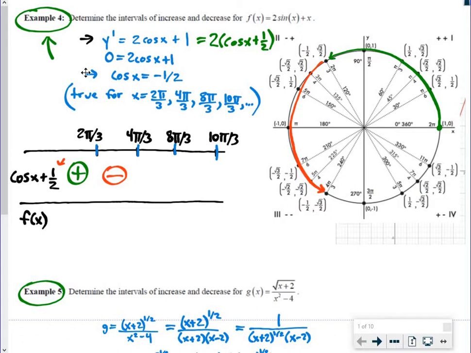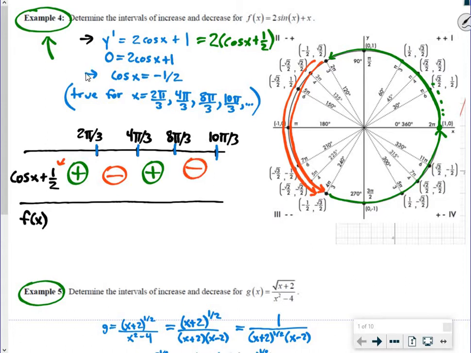And then beyond that, cos x is going to be greater than -1/2. So we go positive again on this arc, right? And it'll be positive all the way through until we get to 8 pi over 3. So that'll be positive. And then going from 8 pi over 3 to 10 pi over 3, we're looking at this arc. That's going to be negative, okay, and so on.